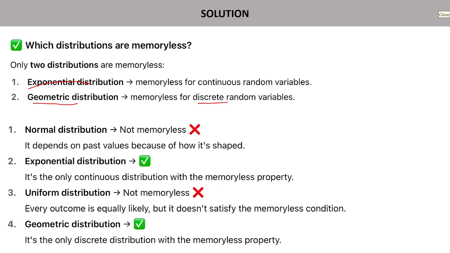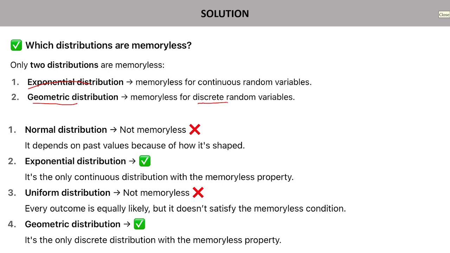For example, the number of students who have passed out of 10 will be 5 or 4 or 3. It can never be 3.5 or 3.2. But the average height of a class can be 13.2 or 14.2. So in this case, the average height of a class is a continuous random variable, but the number of students passing is a discrete random variable.